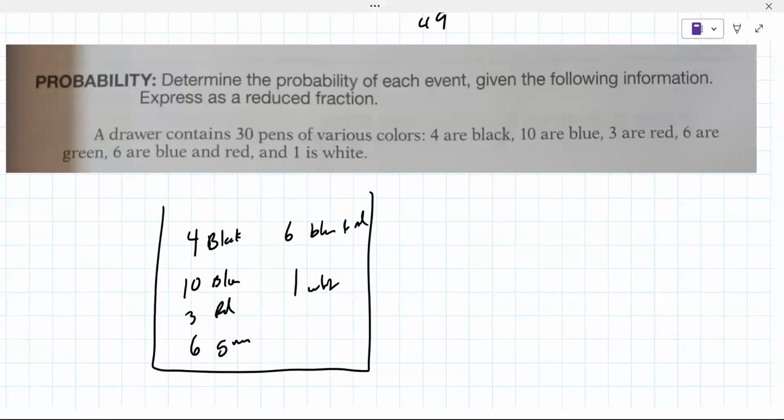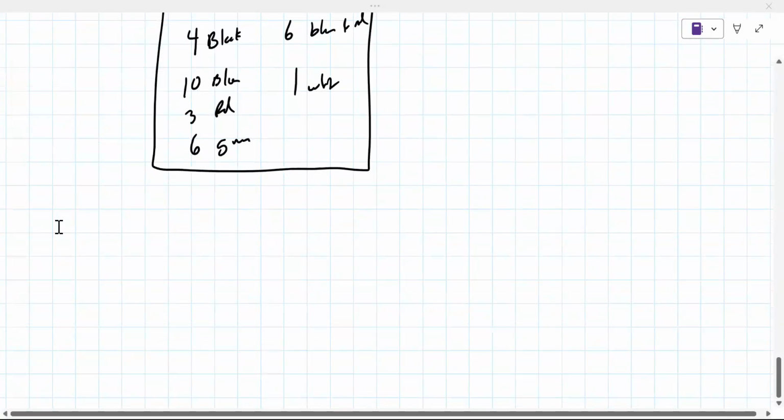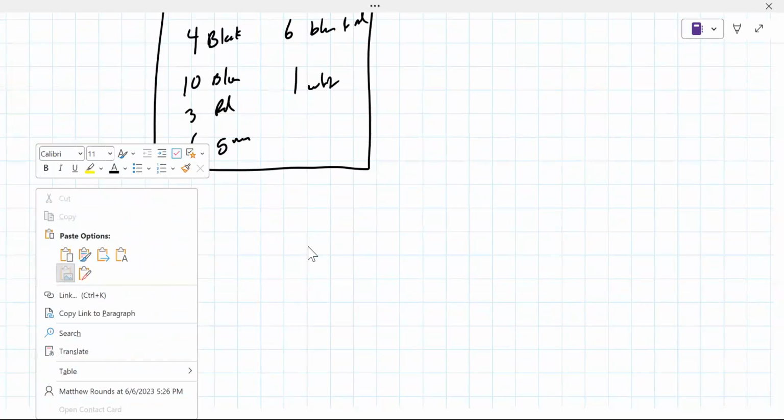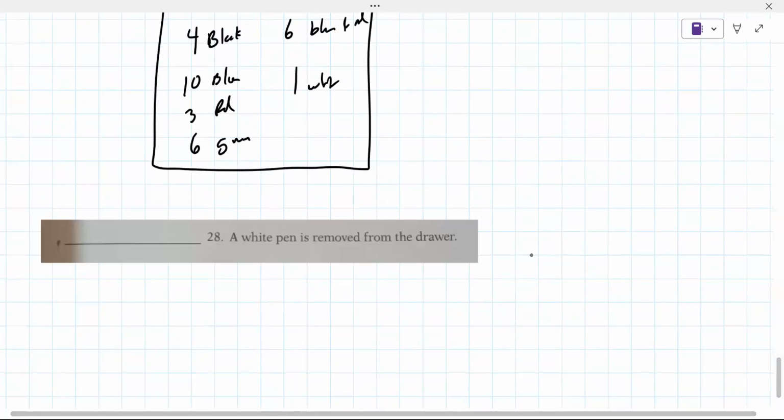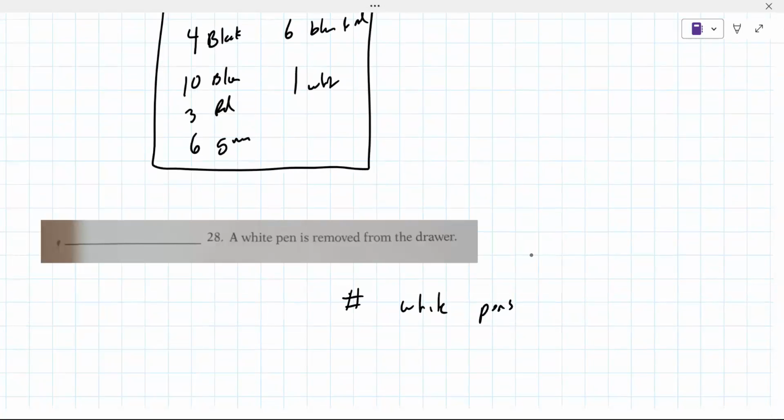And then we want to determine the probability. For the first one, number 28, keeping this picture in mind, it's the white pen. What you need to know is the number of white pens out of the total number of pens.